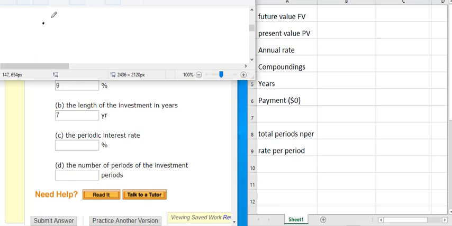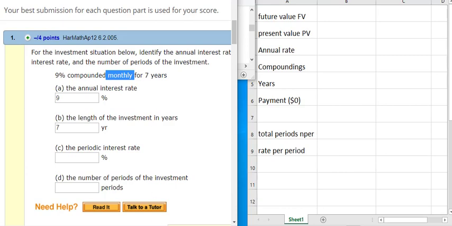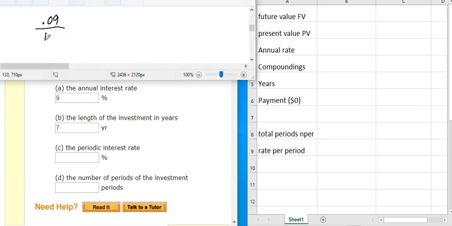I will need to take the annual rate of 9% and divide it by the number of periods, and that was monthly compounding. So divide by 12 will give me 0.0075. As a decimal, to make it a percent, you move the decimal 2 places.